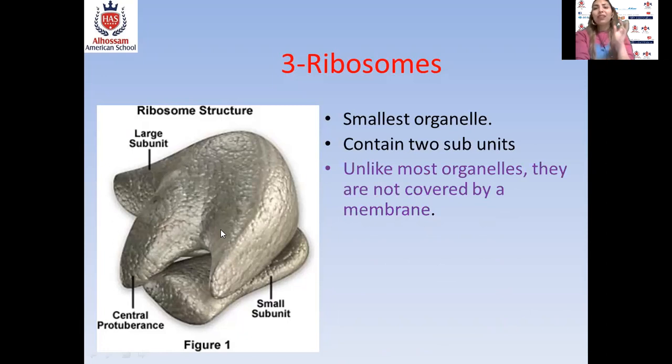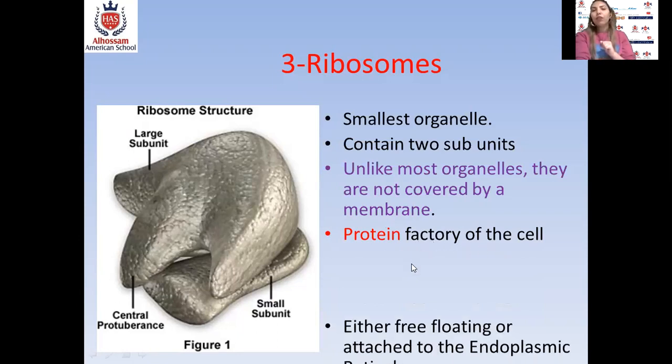So ribosomes, because they are solid, do not need to be covered by a membrane. And they are the protein factory of the cell. The factory which makes proteins, okay, is the ribosome. Remember, the protein factory of the cell is the ribosome.